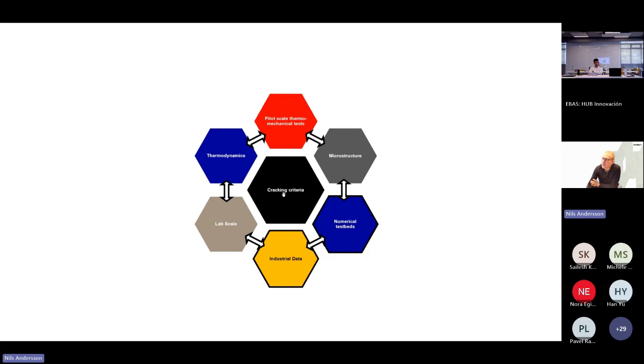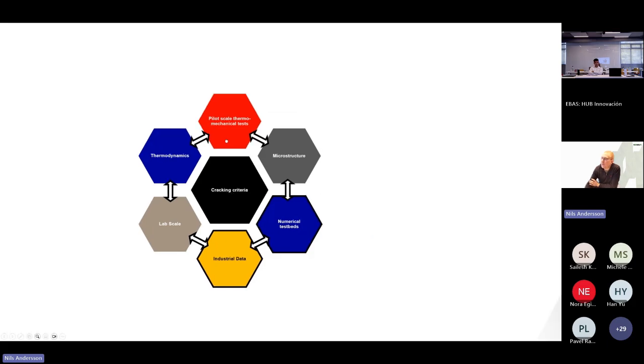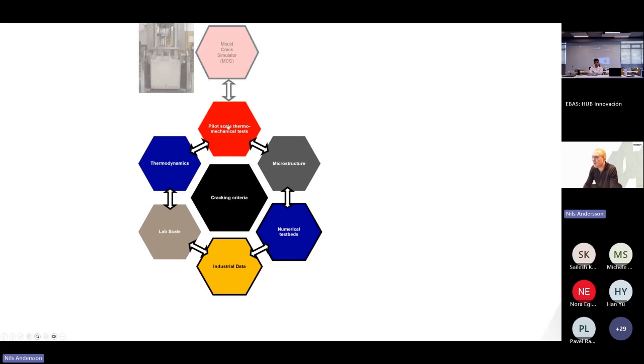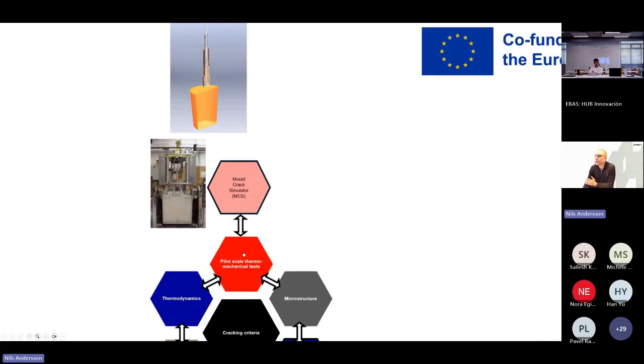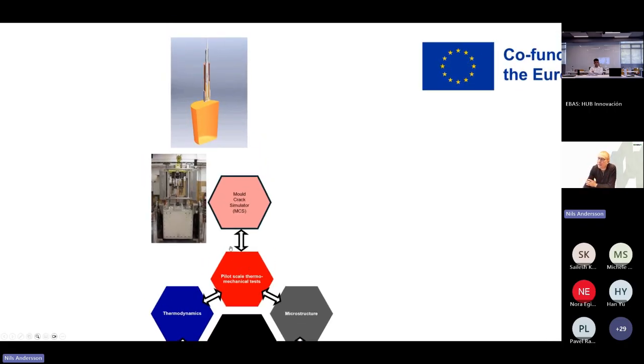So in the consortium, we have a mold crack simulator where we can experimentally simulate the shell formation during casting and induce a strain which makes the shell crack.